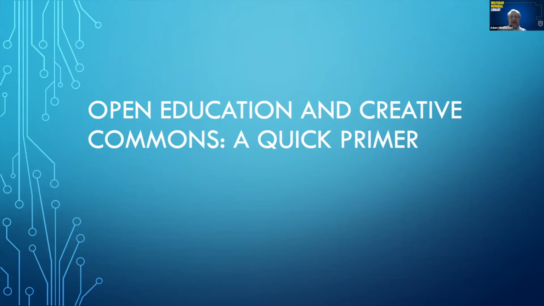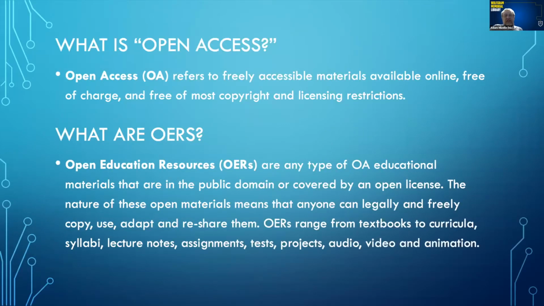Mostly by what we mean by open. A couple ways you might have heard this. First, open access. This is freely accessible materials that are available online, free of charge, and free of most copyright and licensing restrictions. A nice operable definition of copyright is who owns a work, who can share it, who can profit from it.